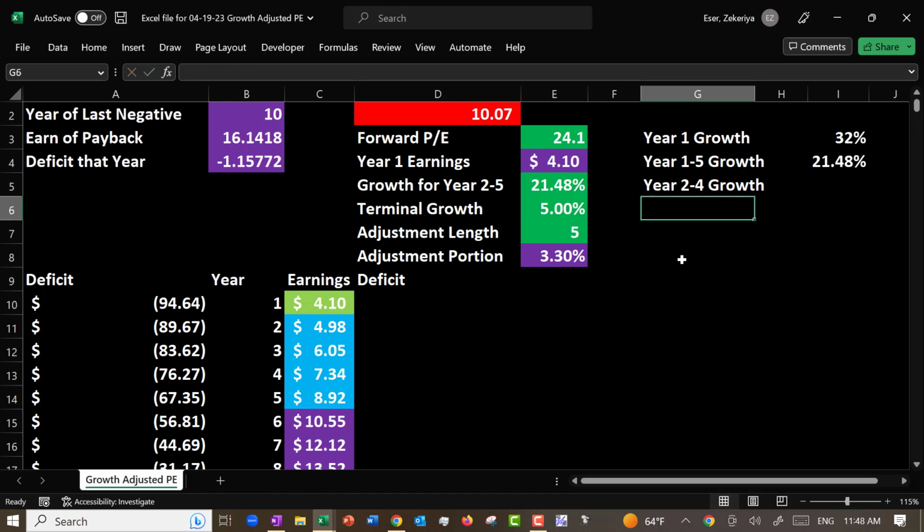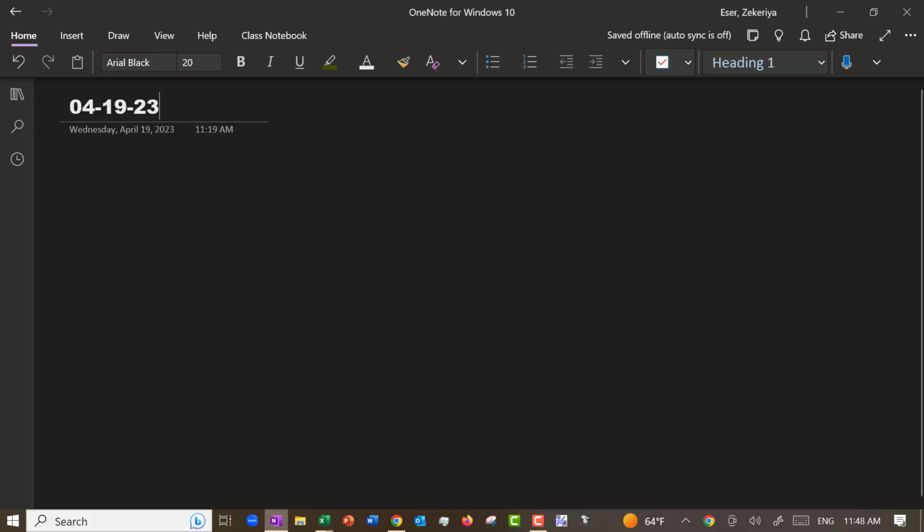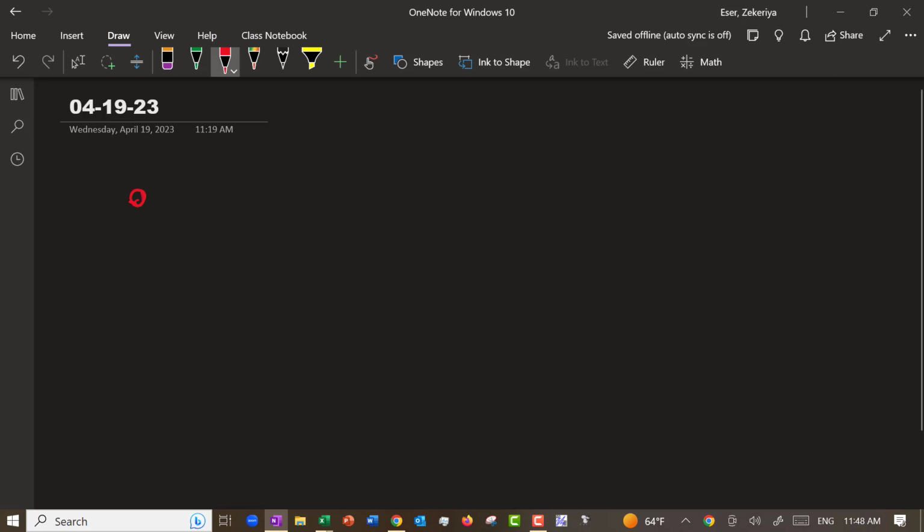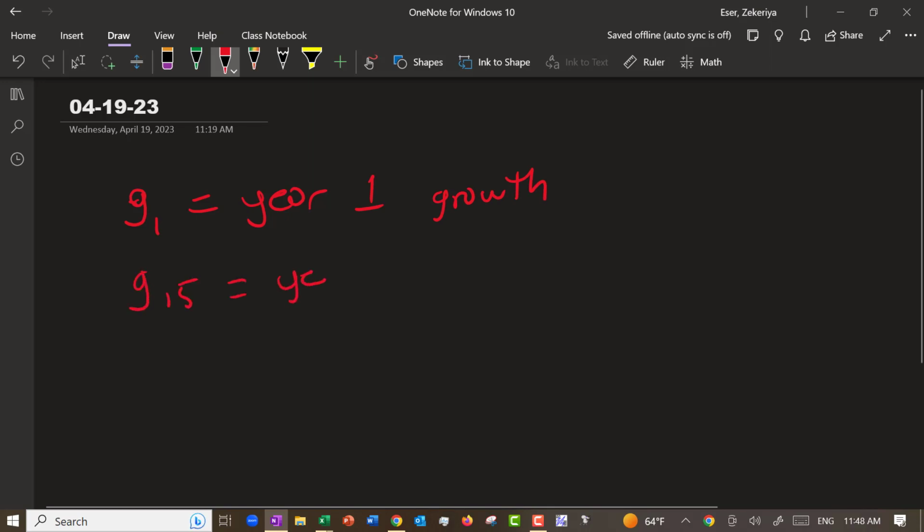So if we think about the formula, G1 is year 1 growth, G15 year 1 to 5 growth, G25, I'm sorry.